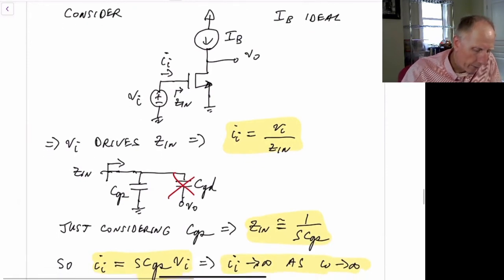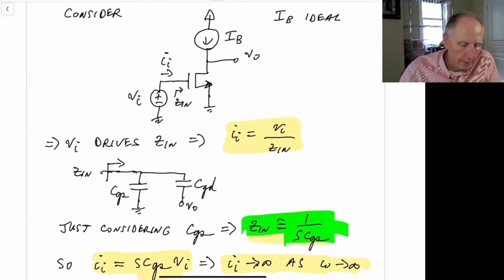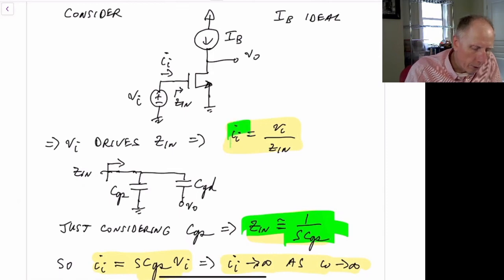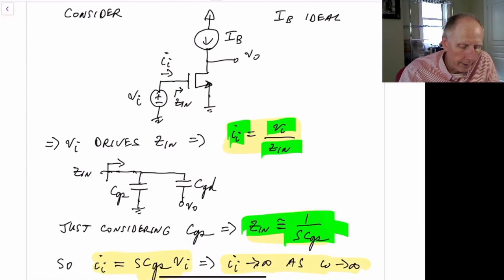So just considering the CGS, we have that Zin is equal to 1 over S CGS. And the input current is equal to VI divided by the impedance. So I is equal to V over R, and Zin is equivalently R, or impedance in this case. So Z is 1 over S CGS.